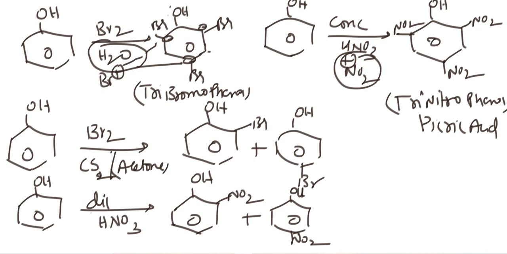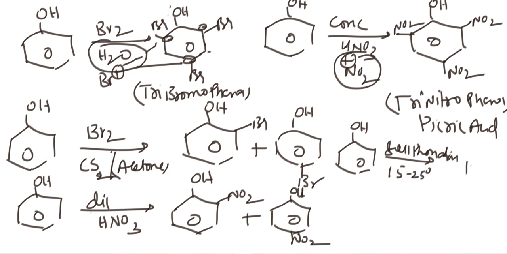Okay. The same thing, this is sulfonation, a very simple reaction, phenol sulfonation. These are all aromatic electrophilic substitution reactions. This is phenol on sulfonation. As usual, the same thing, two products will form. If you want to get the ortho product, you have to maintain 15 to 25 degrees.